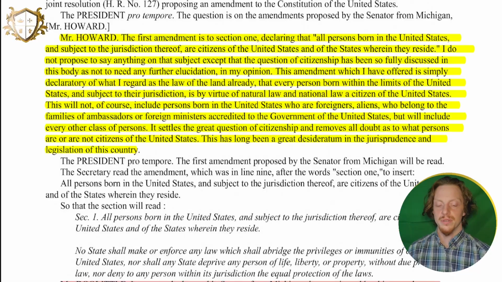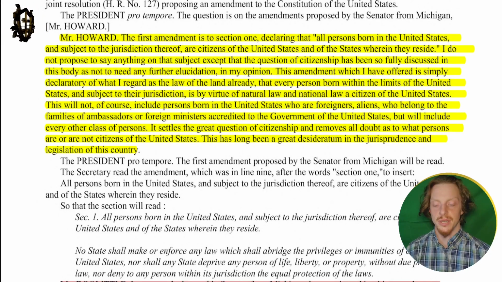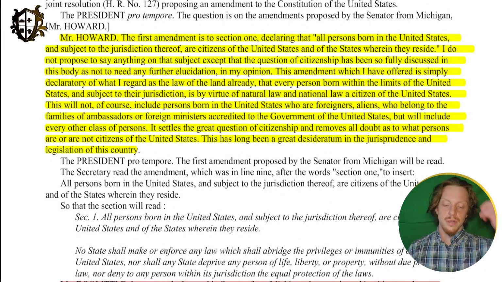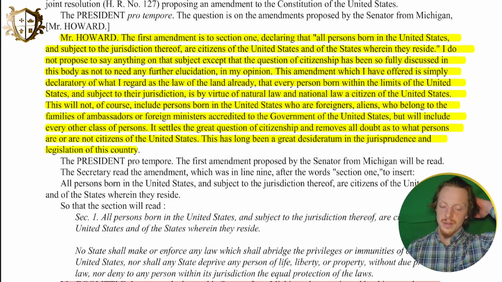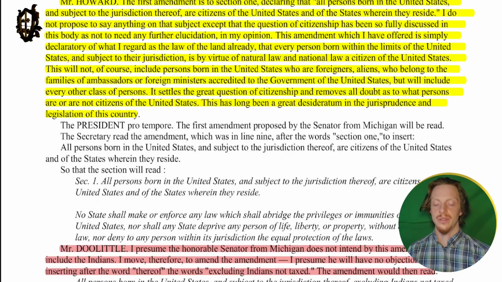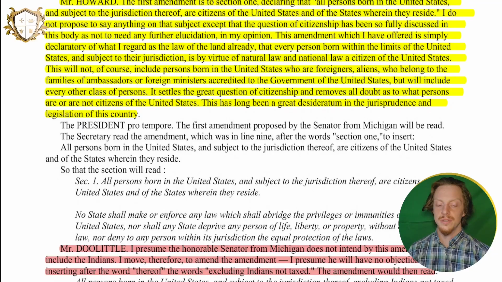and that every person born within the limits of the United States and subject to their jurisdiction, notice there, not the, or its, their, plural, their jurisdiction, is by virtue of natural law and national law a citizen of the United States. This will not, of course, include persons born in the United States who are foreigners, aliens, who belong to the families of ambassadors or foreign ministers accredited to the government of the United States, but will include every other class of persons.